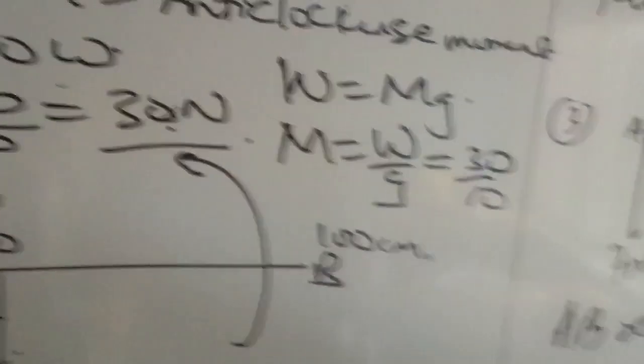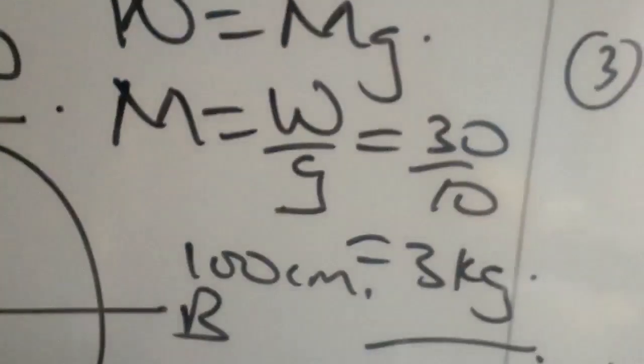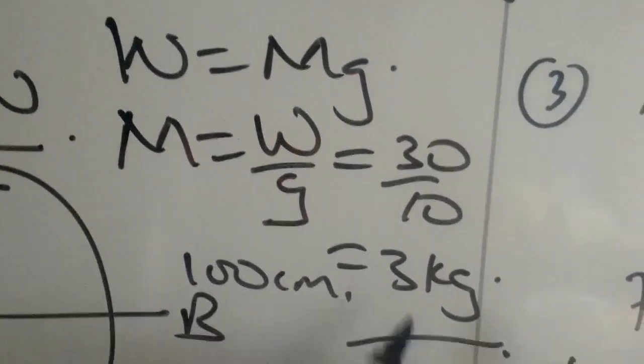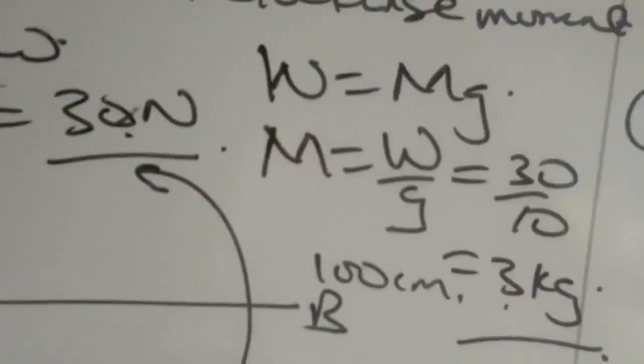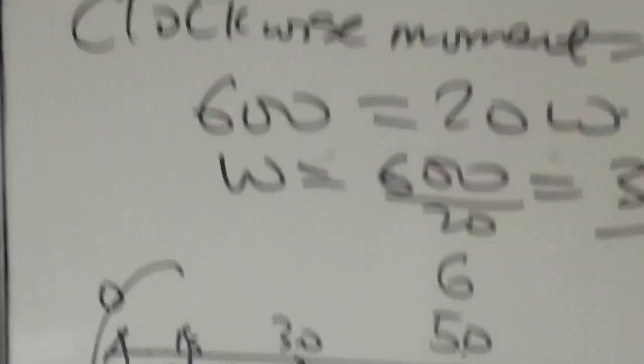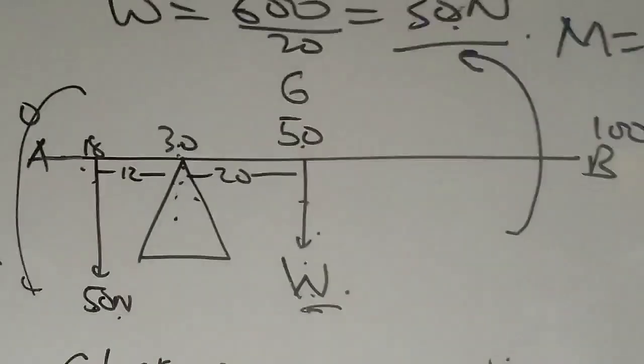So if you divide, we'll have 3 kg as the mass of the meter rule. If we want to convert to grams, you multiply by 1,000. So you look at our work and observe what we have done and the steps we have taken to solve this problem.